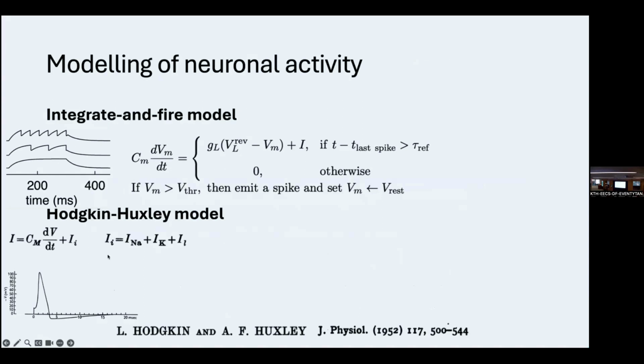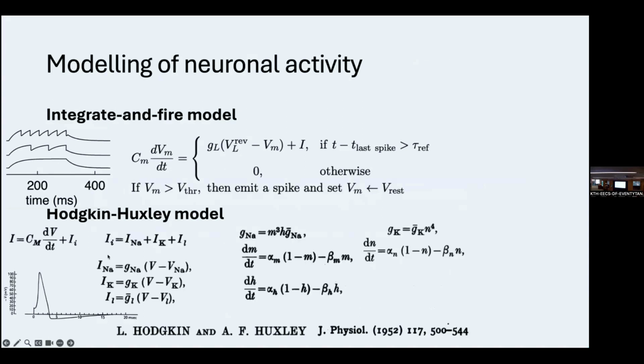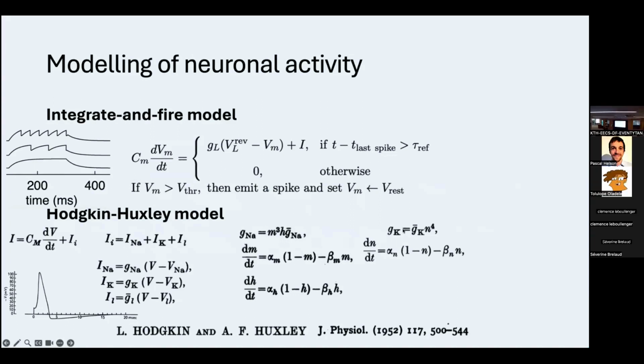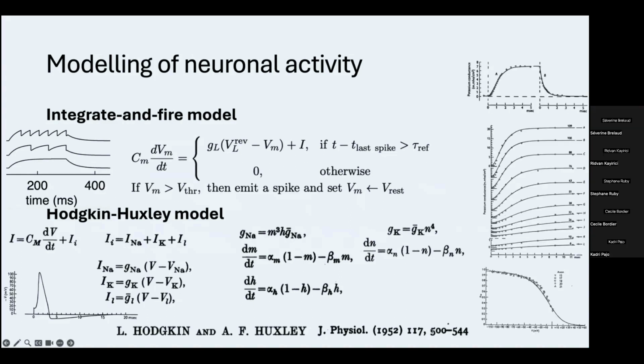In the Hodgkin-Huxley model, you have 4 different variables: the membrane potential, and then activation variables of the sodium and potassium channels. And the beauty of this 70-year-old model was that they could fit the model parameters to the electrophysiological data they measured from the squid giant axon.